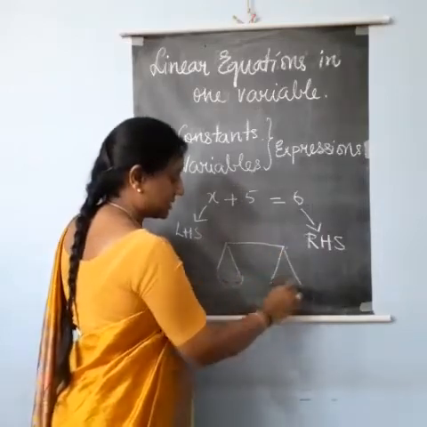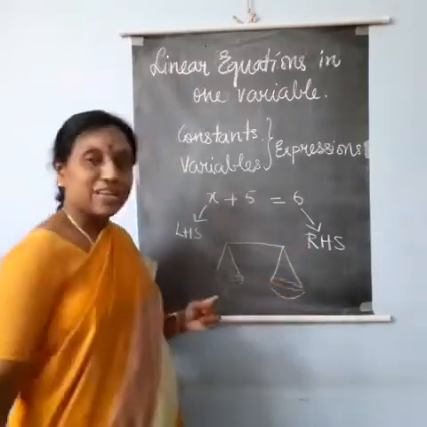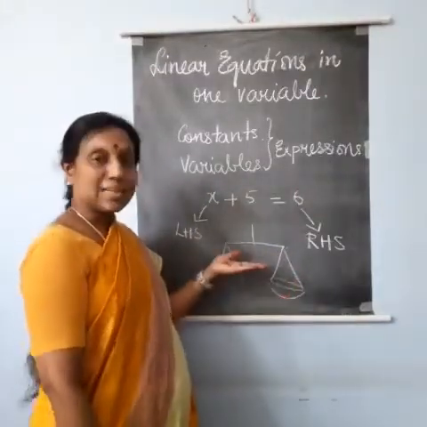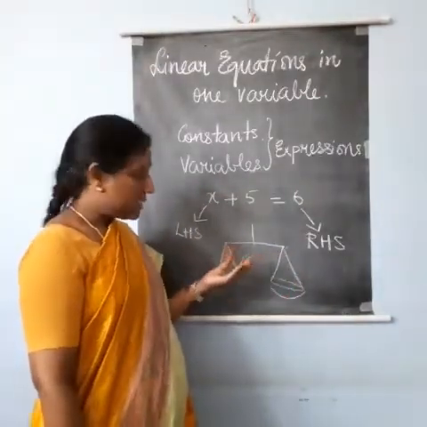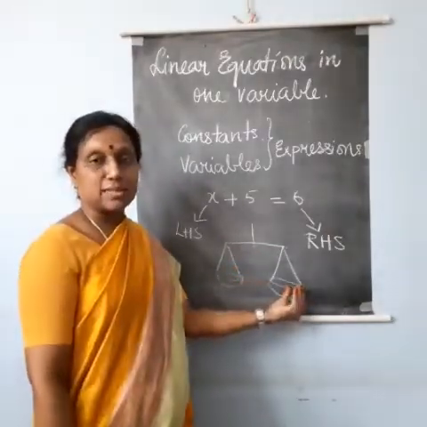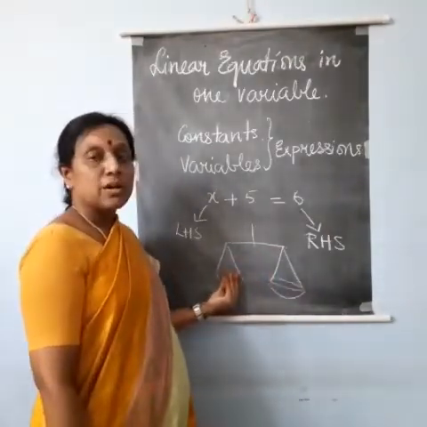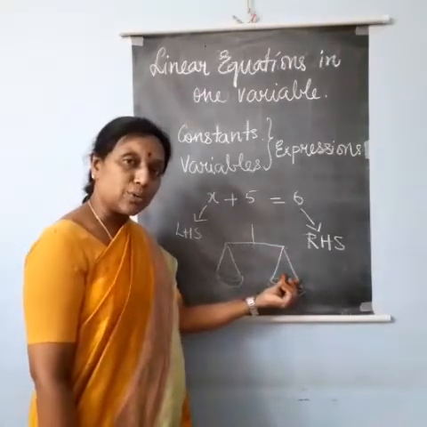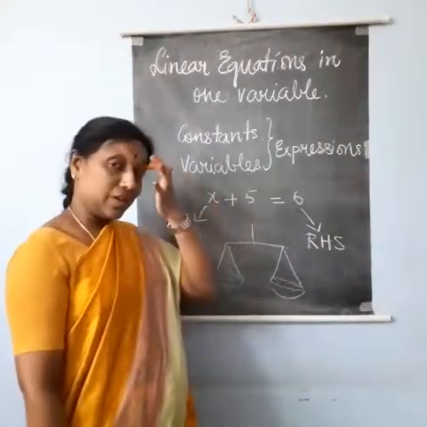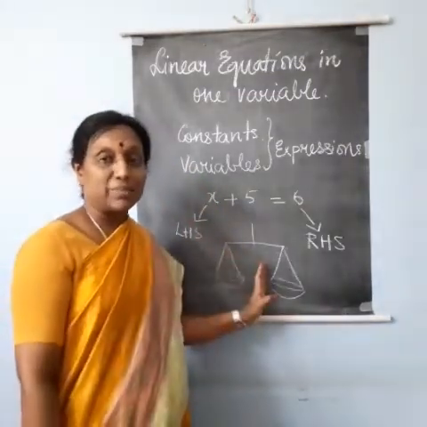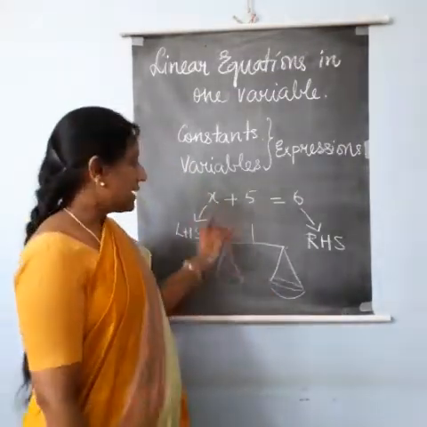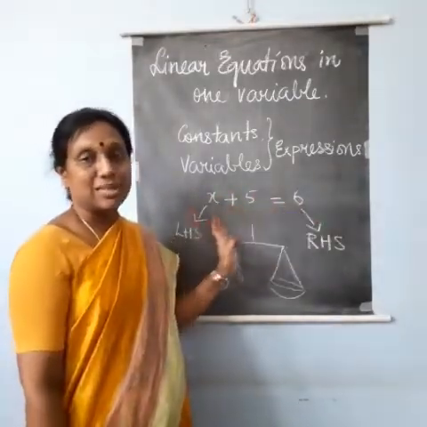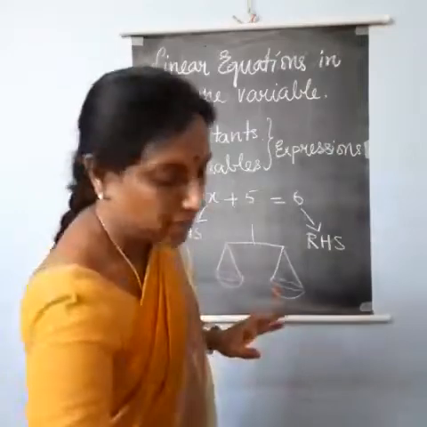Now, of course, we have digital scales. Anyway, when a balance is there, if both are equal only, it will stand like this, isn't it? So, this side should be equal to this side. Supposing I am buying 1 kilo of tomatoes, the other side also should have 1 kilo of another quantity. Only then it will be equal. Understand? So like that, here the left hand side should be equal to the right hand side, only then it will be a balanced equation.